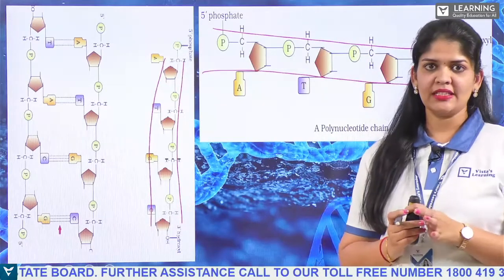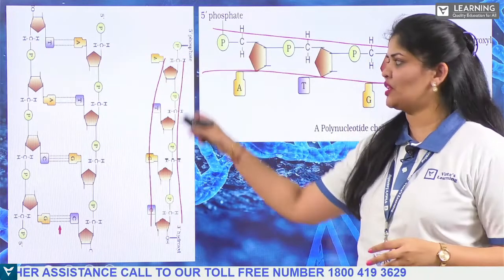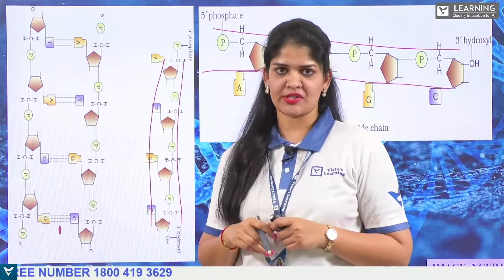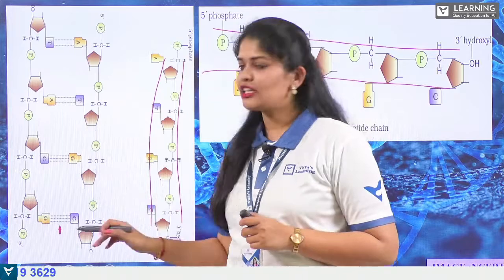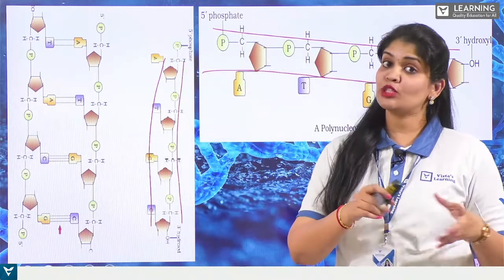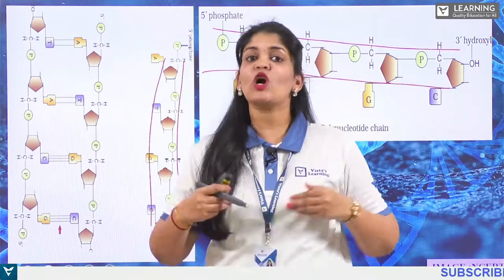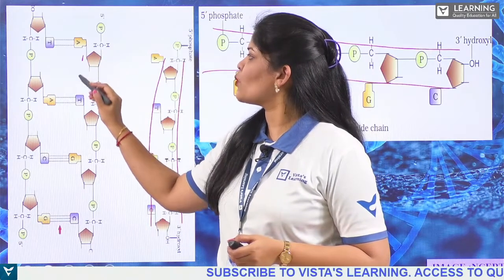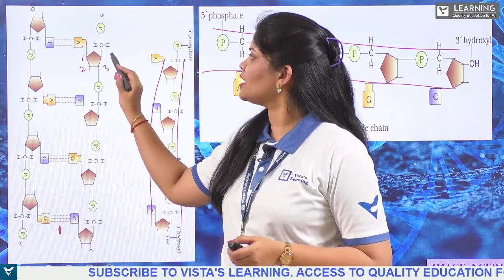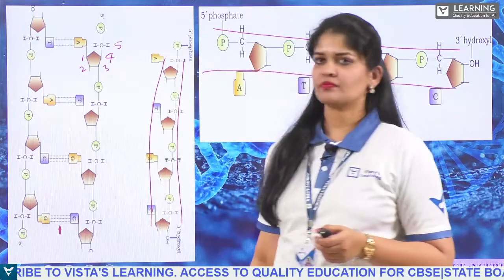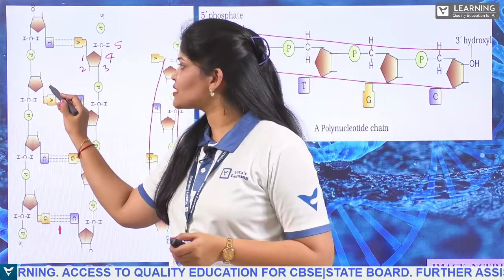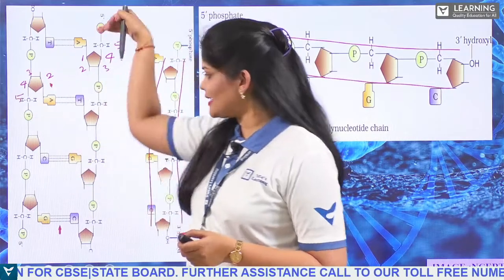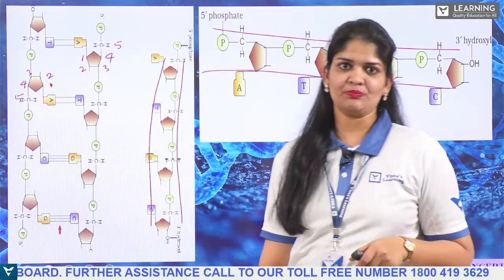And the same strand will run complementary to this to form a double-stranded structure. Here we can see one is running from 5 prime to 3 prime and the other one will run from 3 prime to 5 prime, complementary to each other. Here the numbering goes like 1, 2, 3, 4, 5. If you come here, here is 1, 2, 3, 4, 5, because it runs complementary to each other.